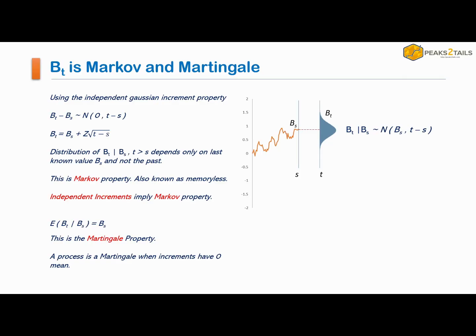And related to the increments, independent increments imply Markov, and increments which have a zero mean will imply Martingale. Because if the increments do not have any value on average, then you don't expect the process to grow, because the increment has a zero expectation. So zero expectation of increments will imply a Martingale process.